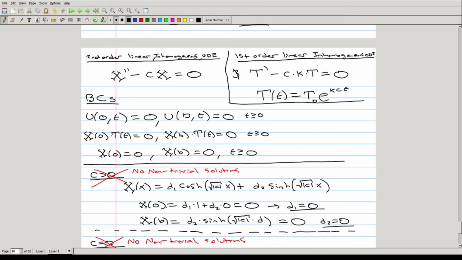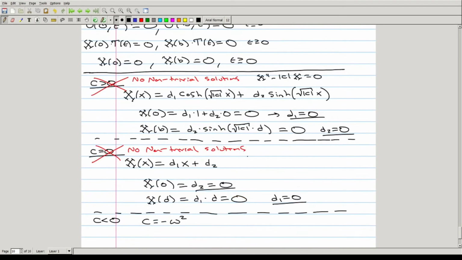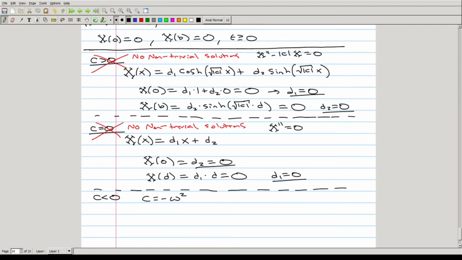So remember, in the case C positive, you get the differential equation x double prime minus absolute value of C times x equals 0. In the case of C equals 0, you get the differential equation x double prime is equal to 0, which is where this solution right here is coming from.